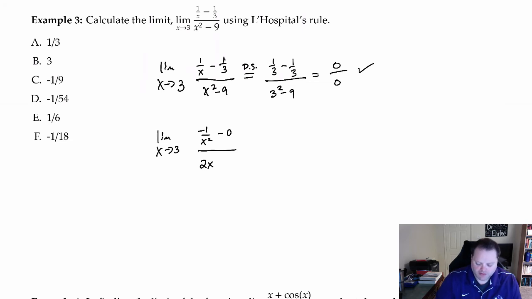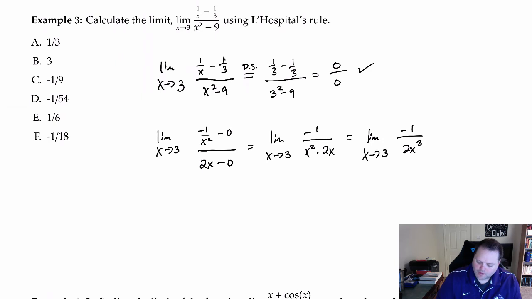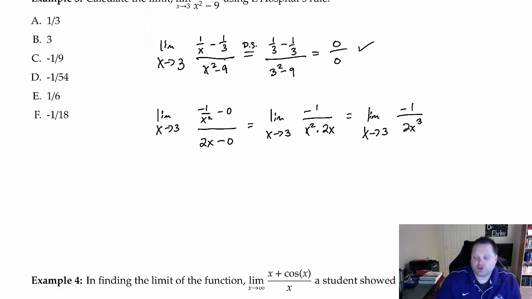The derivative of negative 9 is 0. And simplifying this, you get negative 1 over x squared in the denominator along with 2x. So we get negative 1 over 2x cubed.